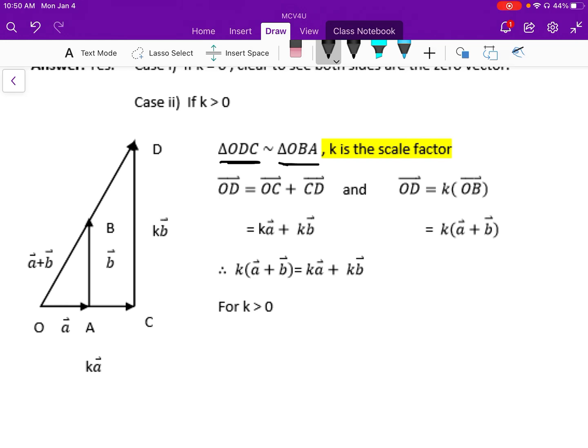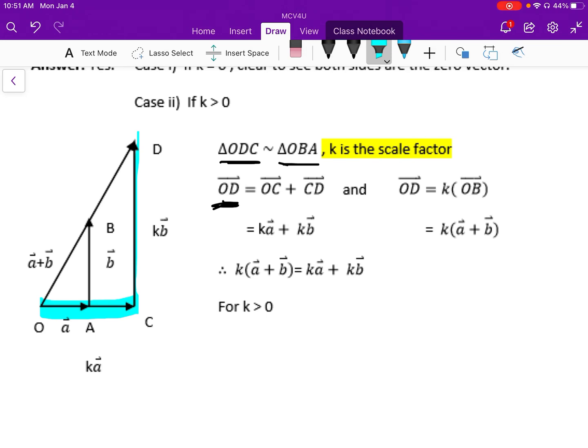It could be any positive K value, from OBA multiplying by K up to ODC. There are two ways to look at vector OD. We can travel from O to C, so that's vector OC, and then we go from C up to D, and that is vector CD.